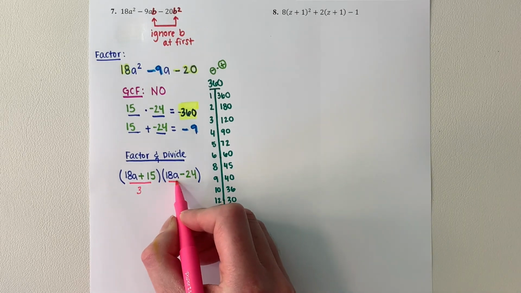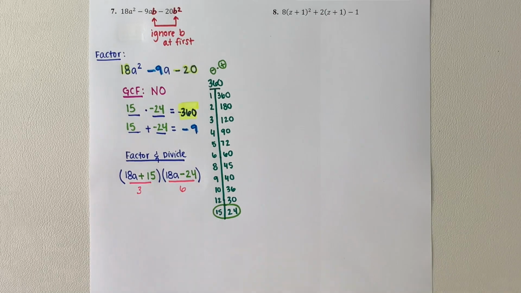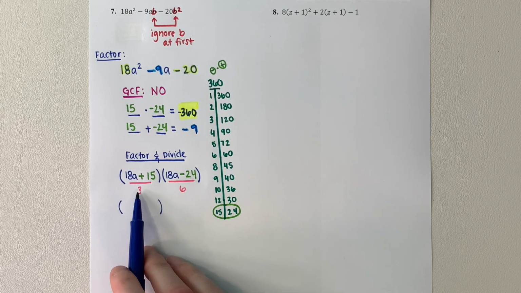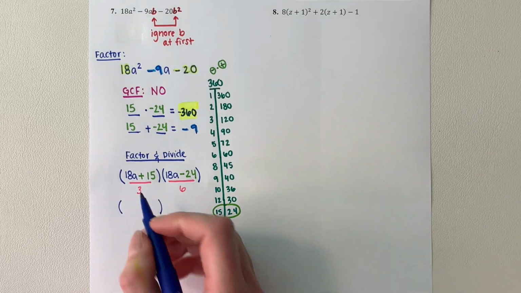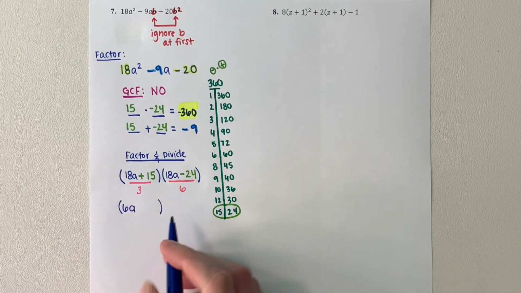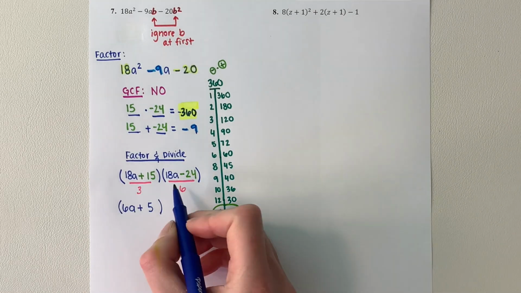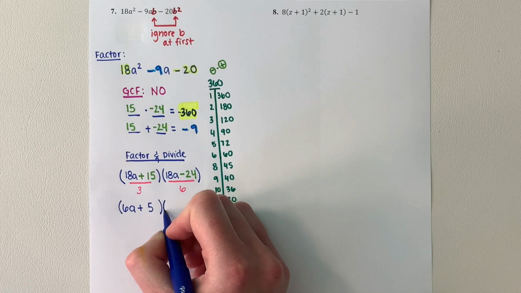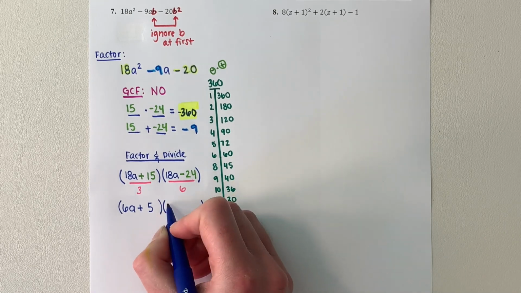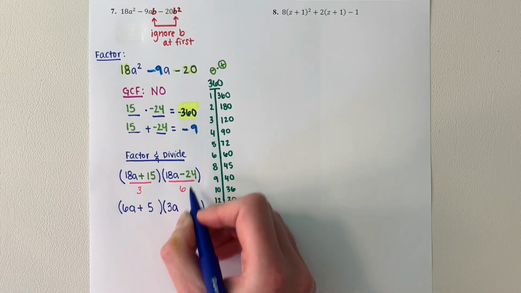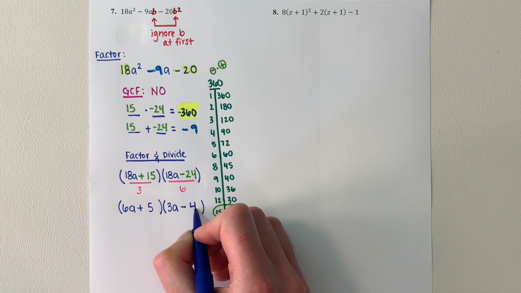So we're going to divide this parenthesis by its GCF 6. Now we can write our final answer. Let's divide each term here by 3. 18a divided by 3 gives us 6a, and 15 divided by 3 gives us a positive 5. And then we'll divide each term here by 6. 18a divided by 6 gives us 3a, and negative 24 divided by 6 gives us negative 4.